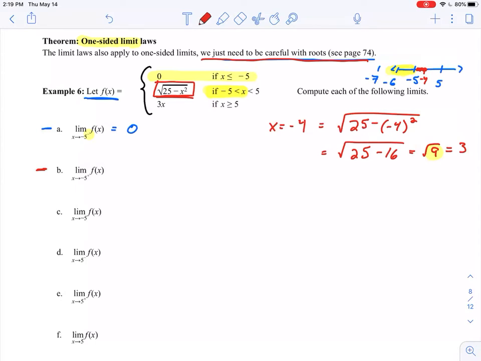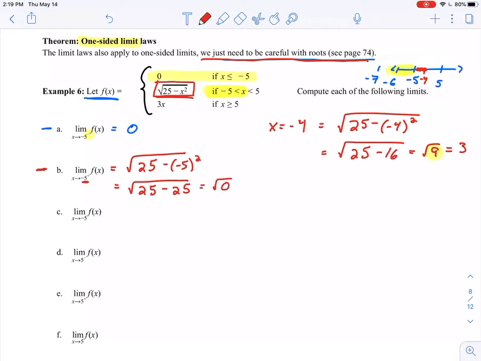So when it comes to evaluating this right-hand limit, I'm simply going to take -5 and plug it into that part of my function. Square root of 25 minus (-5) squared, and (-5) squared is also 25.